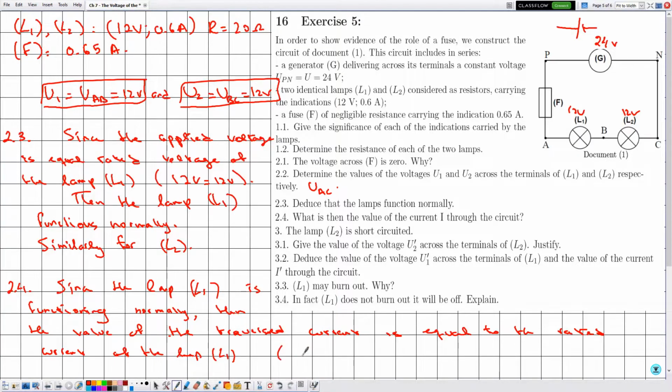So in this case, I is equal to 0.6 amperes.